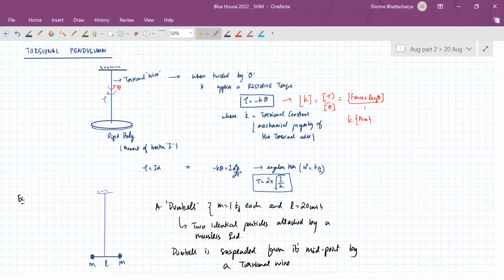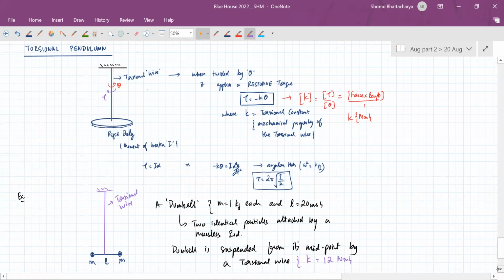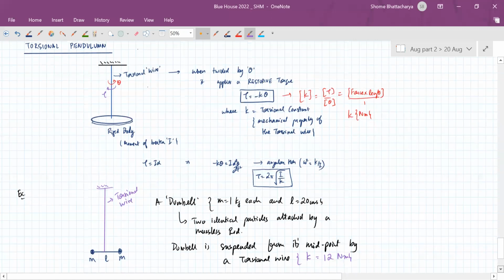This torsional wire has a torsional constant, let us say 12 Newton meter. So we have to find the time period for angular harmonic motion.